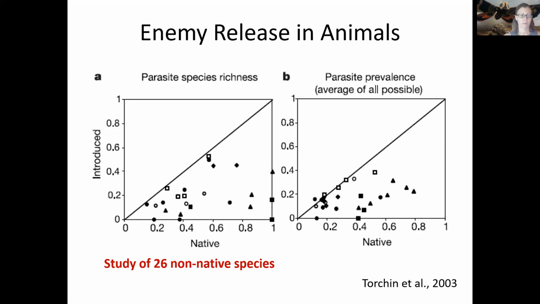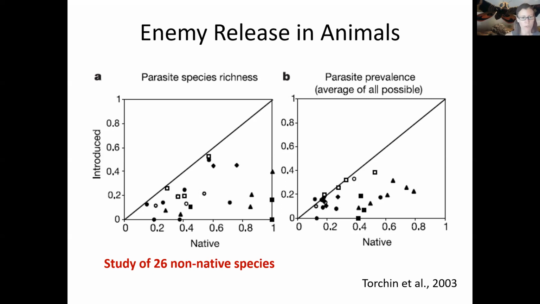Again, this is native versus the naturalized or introduced range. And we're looking at parasite species richness. So again, richness is the number of different species of parasites. And then prevalence is the abundance of those parasites. And they've normalized all of these to go from 0 to 1. But essentially that 1-to-1 line again would mean you've got the same number of parasites attacking you in your native and in your non-native range.